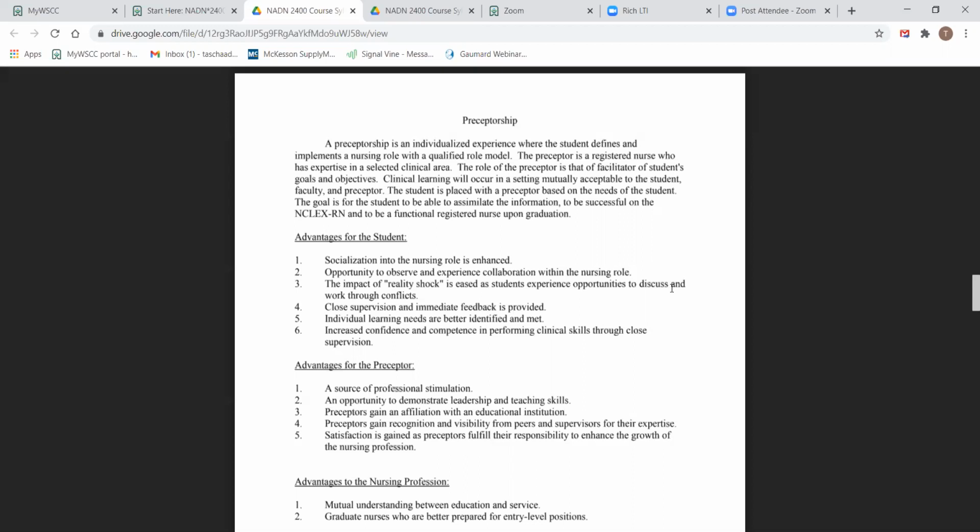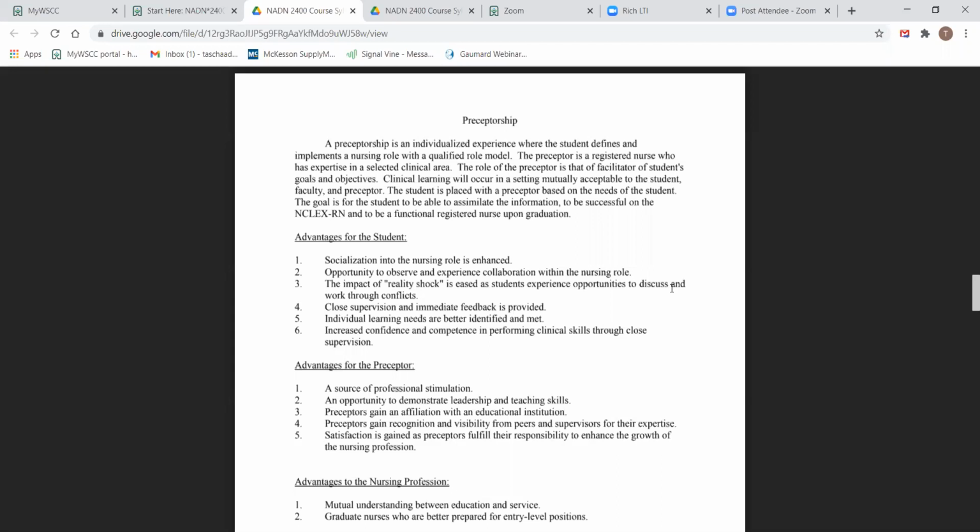Close supervision and immediate feedback is provided. So you're one-on-one. You don't have just one faculty to eight students. So you get closer supervision, quicker feedback. Your individual learning needs are better identified and met, and your confidence increases.